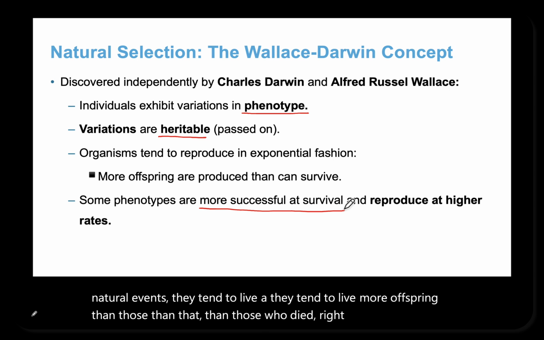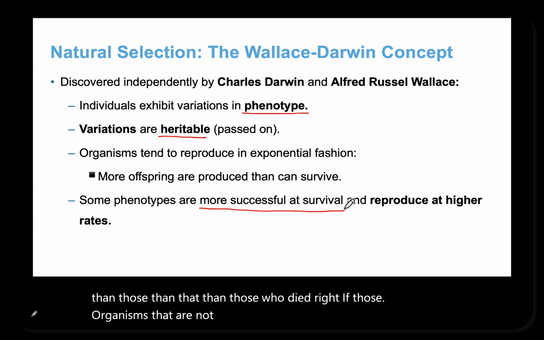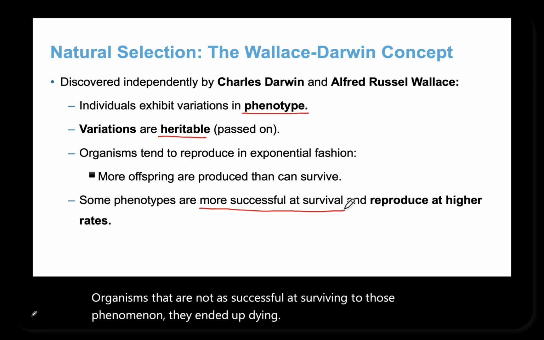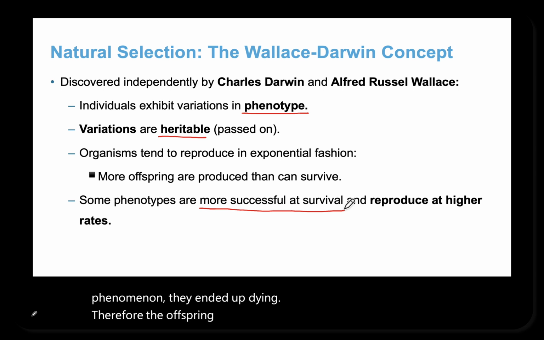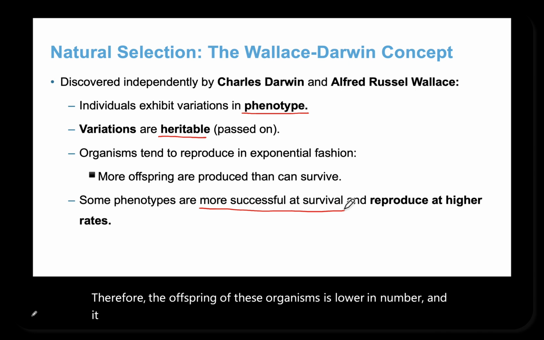The organisms that are not as successful at surviving those phenomena end up dying. Therefore, the offspring of these organisms is lower in number, and it gets lower and lower every generation.